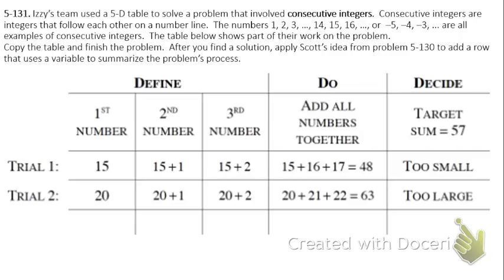Pause the video to do so. Okay, start finding the solution to it. You will notice that our target sum is 57. Find the starting number that's going to give us 57 in the end. Alright, so now I'm going to try to continue this process.